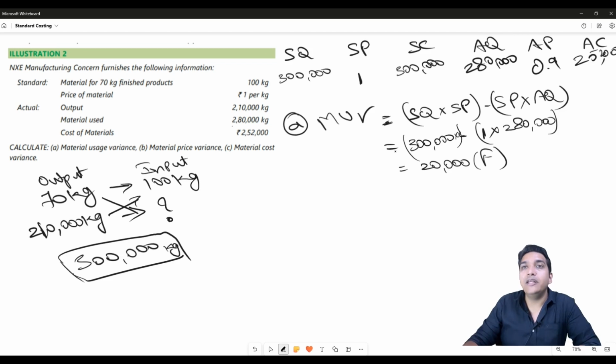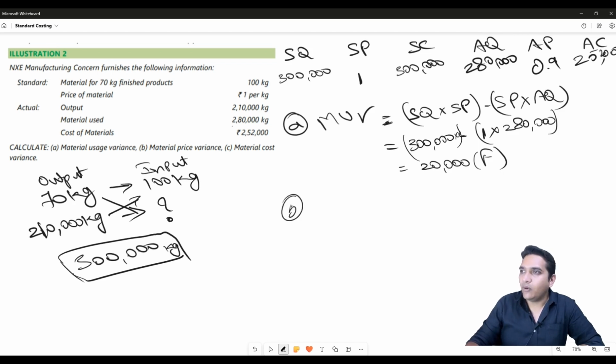However, we have only used 280,000 kgs of material to manufacture 210,000. So 20,000 rupees worth of materials we have saved. But don't write rupees, you only have to write 20,000 favorable.